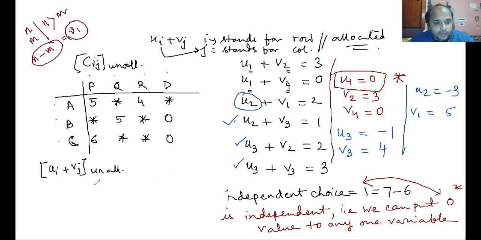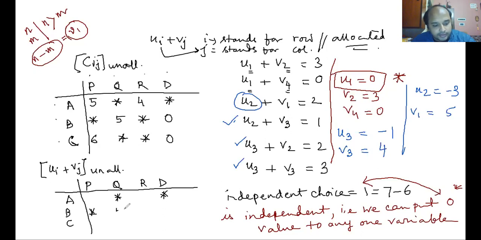So we are going to write p, q, r, d and a, b, and c, and the star part will remain the same. The star part indicates that these cells were actually allocated from the beginning, so we shall not consider them, this is a rule actually. And we are going to put these numbers over here.